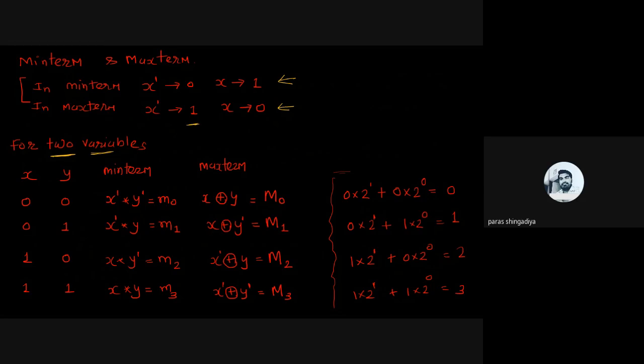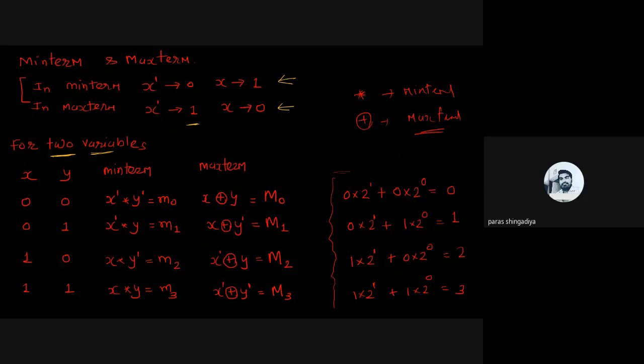So both are 0, which means both will be complement elements, and we consider it as a minterm. For minterm we use the star operator, and for maxterm we use the ring sum. We combine by using a star in minterm and by using a ring sum in maxterm.